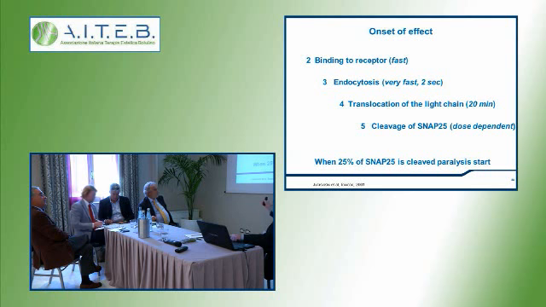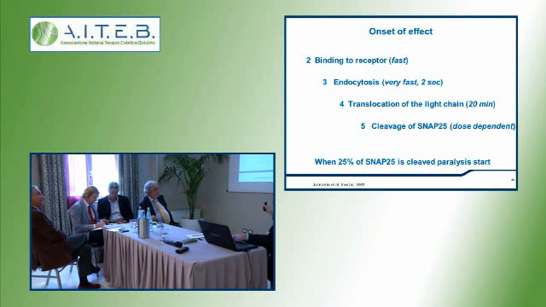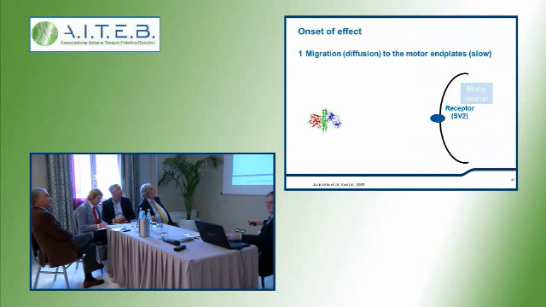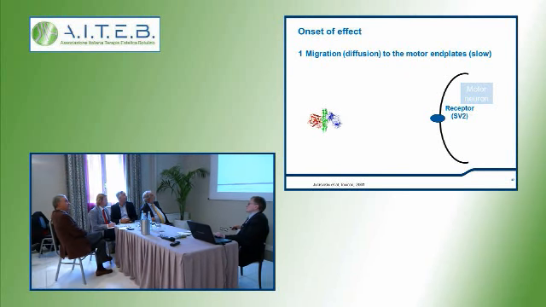So altogether, what really determines the onset of the effect is the migration of the neurotoxin to the motor end plates. And the consequence is, the better you hit the motor end plate, the better you know where the motor end plate in the muscle is, which you must treat, the better is the effect, the earlier is the onset, and the less neurotoxin you must apply.